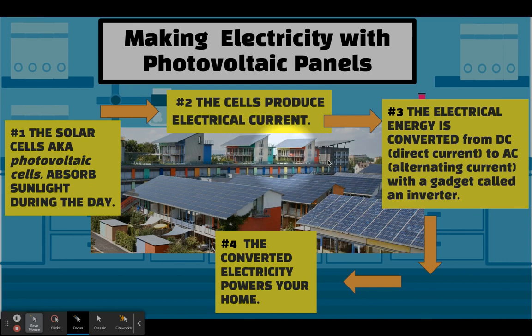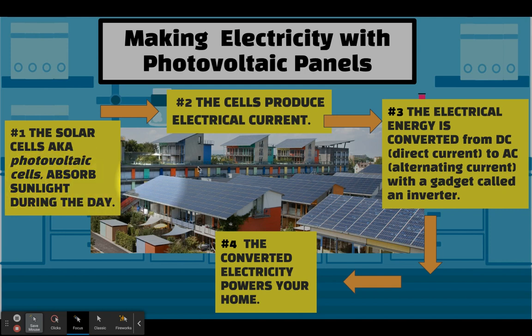You might see them on lampposts. And each of those solar cells on top absorbs sunlight during the day. And the way that the cells are designed, they produce an electrical current.